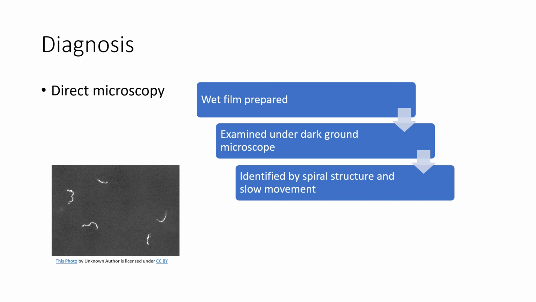We have to use a dark ground microscope. So here when we see the organism, just the wet film under the dark ground microscope, you can identify the cells by their spiral structure and also by their movement. ಎರಡಿಂದನು since it is a wet film, movement irutte, spiral structure affect ಆಗಿರಲ್ಲ. So with the help of this you can identify the organism if it is there in the specimen.